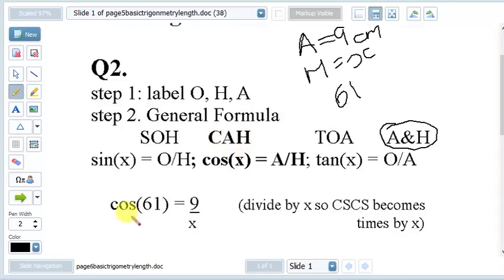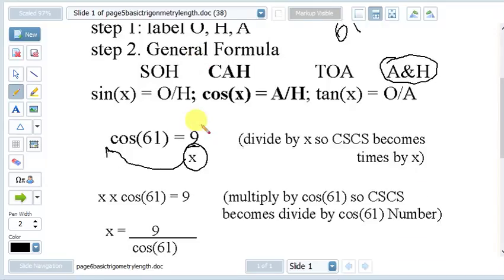So then we substitute into the formula: cos of 61 equals adjacent, which from the diagram was 9, over hypotenuse, which is x. So we haven't got a number on the bottom, but we've always got to take over the denominator. So we bring over the x to the other side, and when we move it over, it becomes times by x.